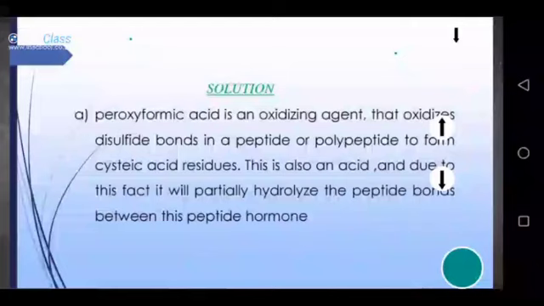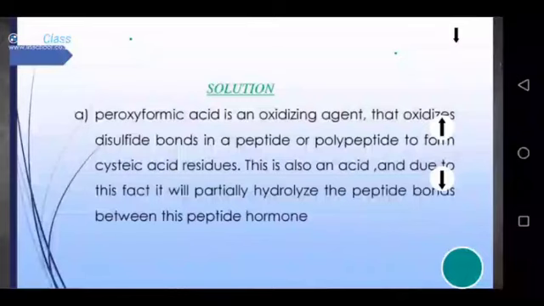So it cleaves the disulfide bonds, because the cysteic acid residues cannot combine back to form the disulfide bond. So it disrupts the disulfide bond by oxidizing cysteine to cysteic acid residues, and it equally is the agent that will partially hydrolyze our polypeptide.